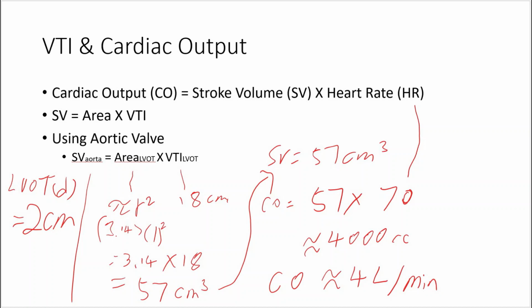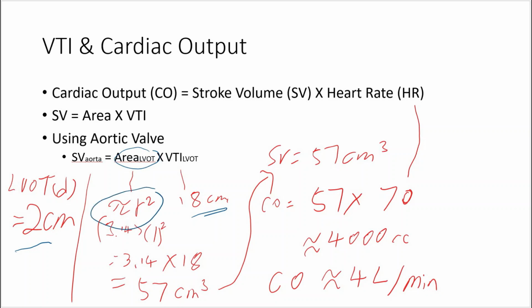Normal LVOT diameter is about 2 centimeters, and normal LVOT VTI is about 18 centimeters. To calculate the area of the LVOT, we take the LVOT diameter, divide that by 2, which gives you the radius, so that's 1 centimeter. 1 squared times pi, which is 3.14, gives you 3.14. You multiply that by the VTI, which is 18, and that gives you about 57 centimeters cubed.